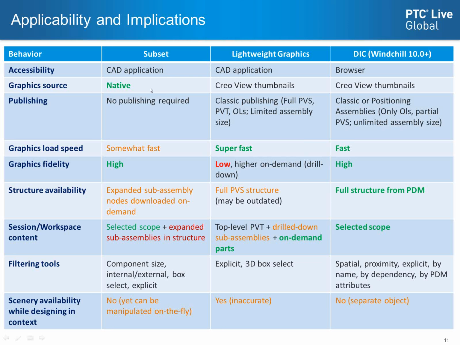The source, as I mentioned, the subset is the only one that uses the native graphics. The other two methods are using some form of pre-published CreoView thumbnails. That means in order to be able to use one of these two, you need to configure the Windchill CAD worker to publish those viewables for you. The Open Subset doesn't require publishing.